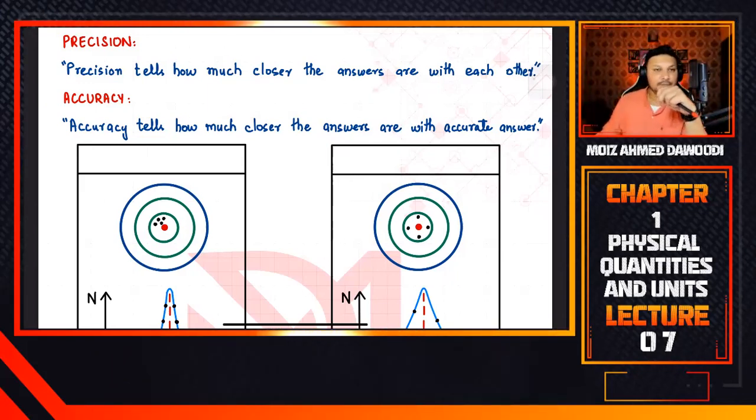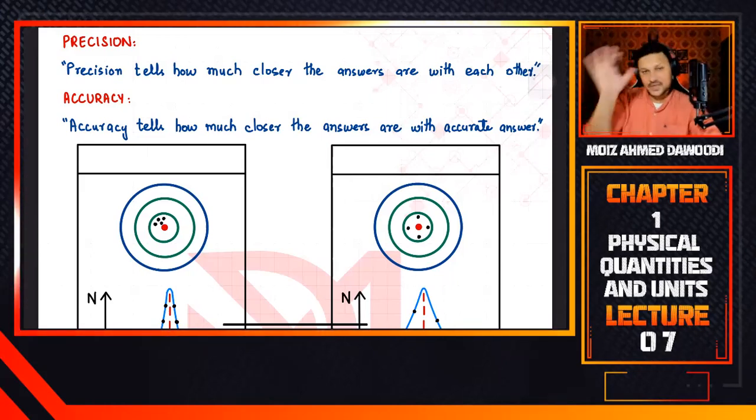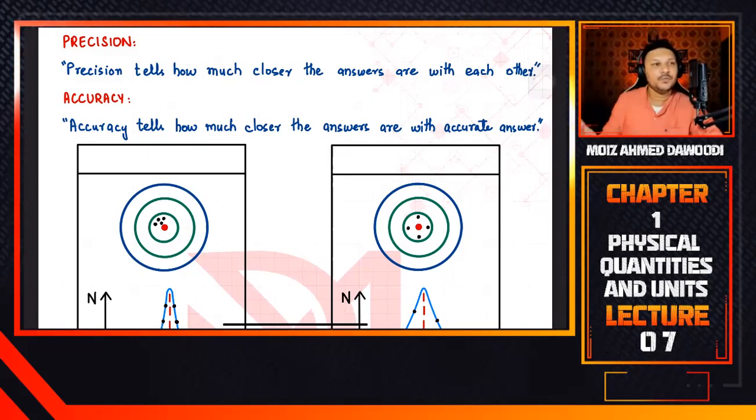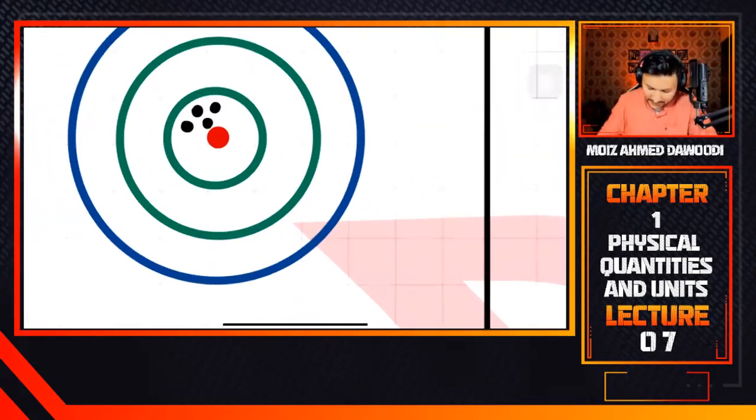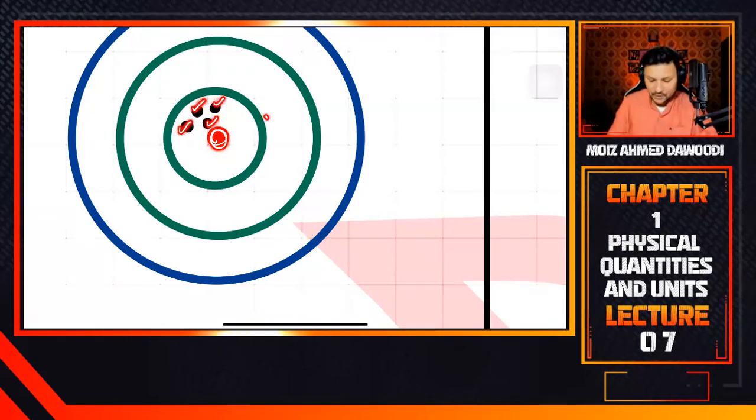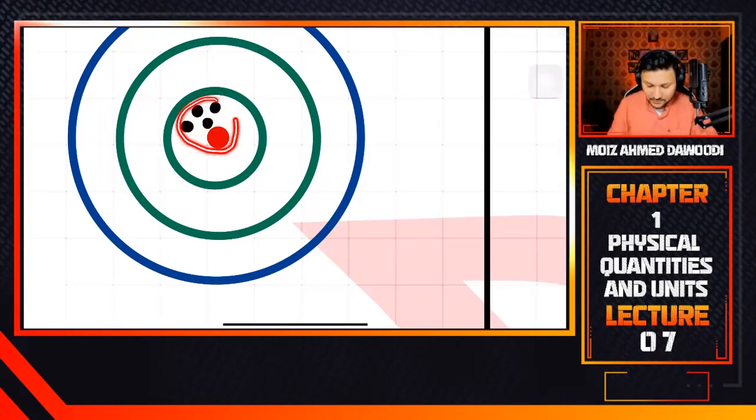Now, let me take you towards one of the MCQ concepts asked. I don't know in which paper, but I'm sure कि मैंने वो किसी पेपर में देखा था. That is why I included it in my lecture, because मुझे लगता है आगे भी ये सवाल कहीं पूछा जाने वाला है. So the red point is the accurate answer and the black points are the measured answers. So how do you think these points are closer with each other, as well as closer with the accurate answer?